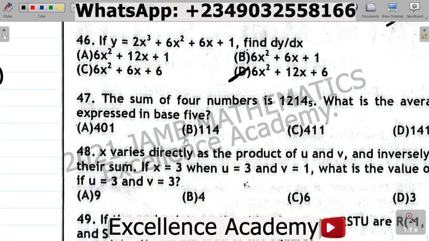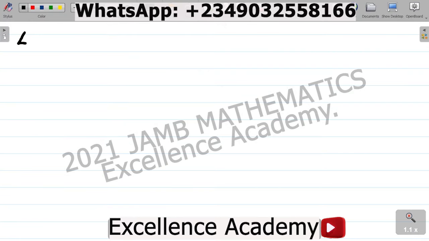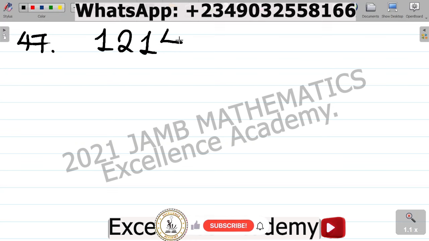Let's solve question 47. For question 47, the number given there is 1, 2, 1, 4 to base 5. The first thing we have to do to solve this question is to convert this from base 5 back to base 10. And how do we do that?